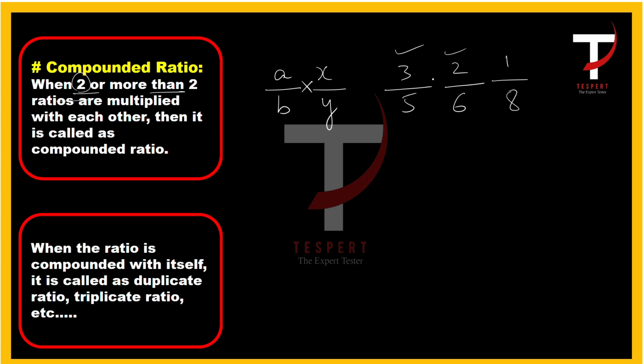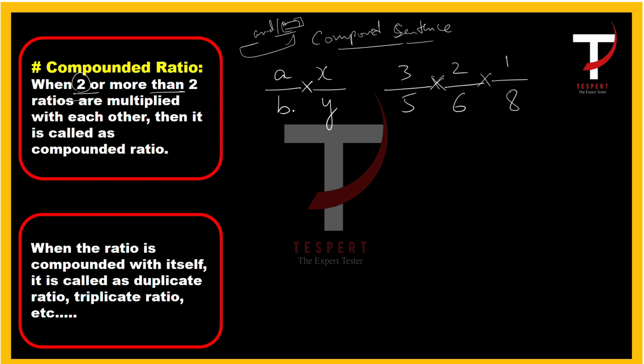When we multiply these three or these two, this will be a compounded ratio. In English, what is meant by a compound sentence? Any sentence where two or more sentences are joined or linked with 'and' or any other conjunction.